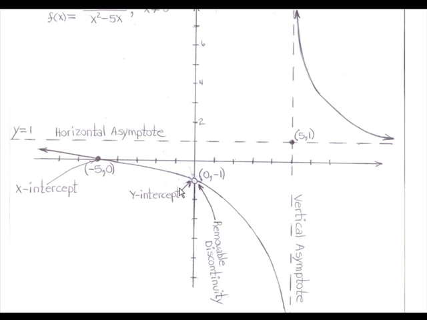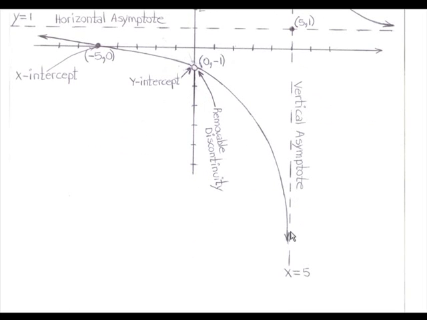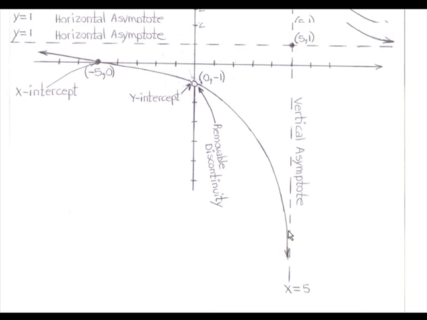Then, as we go from the point of discontinuity on the x-axis and travel to the right, we begin to see that as the values of x get closer and closer to that vertical line, x equals 5, y is approaching infinity in a negative direction, ever trying to get as close to that vertical asymptote.